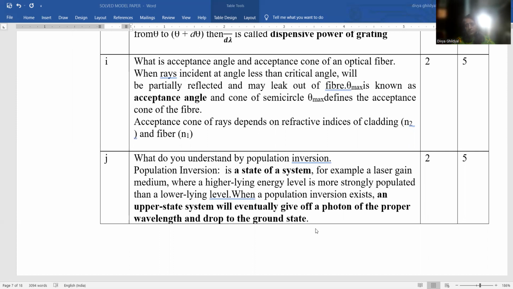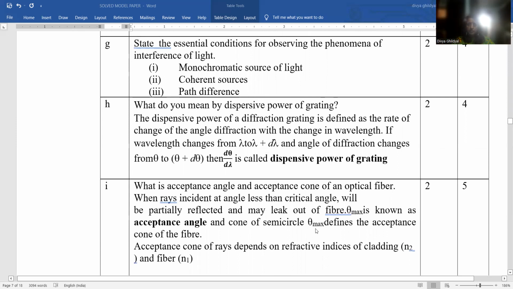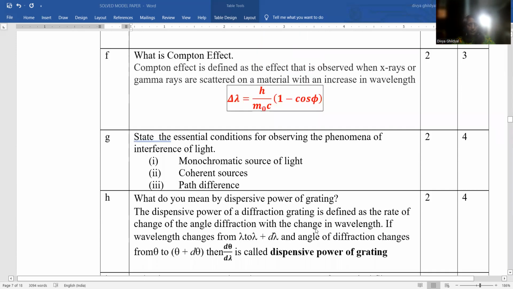Acceptance angle and acceptance cone of optical fiber, the amount of light it is allowing to be accepted by the fiber and the angle that is being contained by it. Dispersive power is the rate of change of angle of diffraction with change in wavelength. Necessary conditions for observing interference in light: monochromatic source of light, coherent sources, path difference.